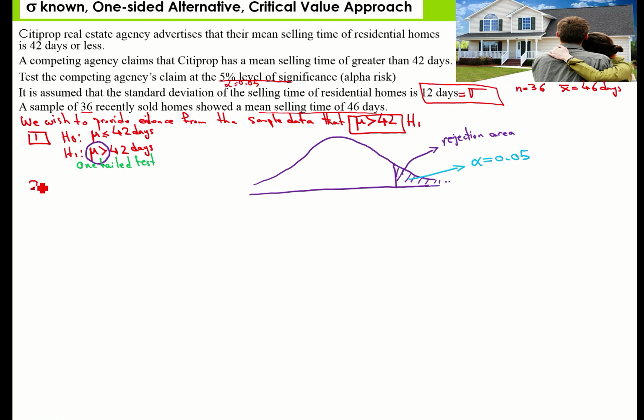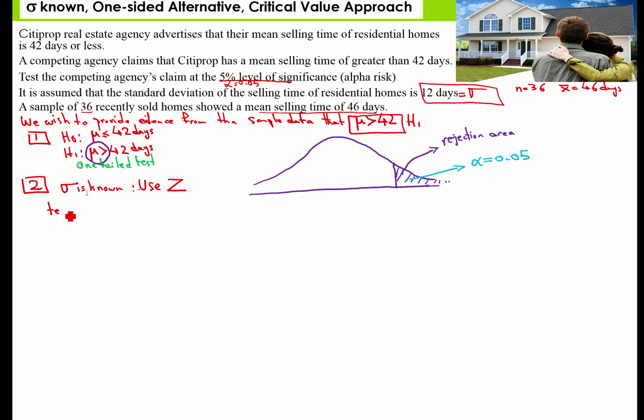The second step is checking whether sigma is known or unknown to decide which distribution is useful. Here sigma is known, we have it here, so we use Z, the normal distribution.